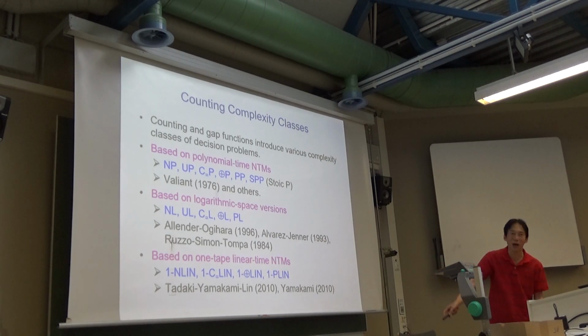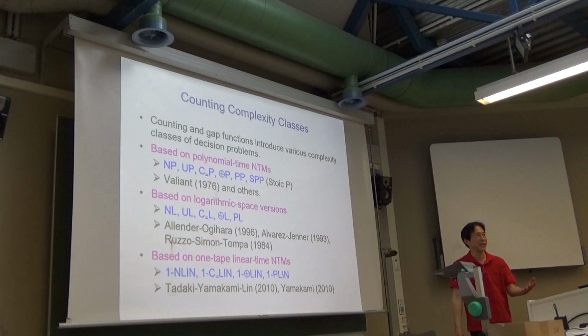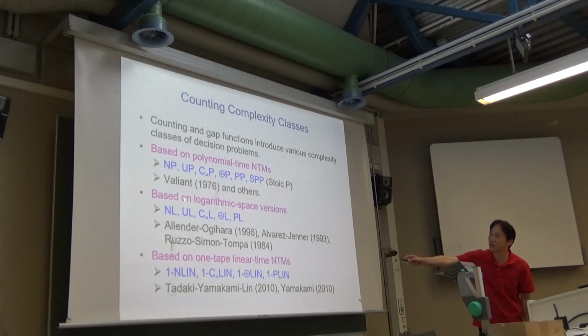You only have one tape, read and write, and the time is bounded linearly in the total length of the input. In this case, we have similar classes. The first letter 1 means one tape, and the last lin means linear time. Okay. All right. So those are the background.